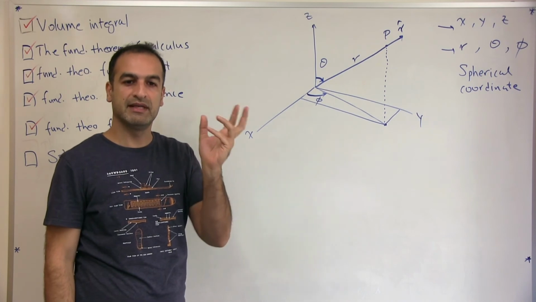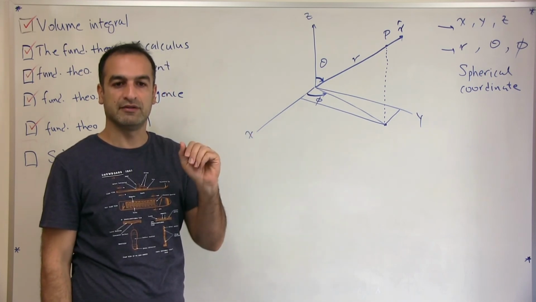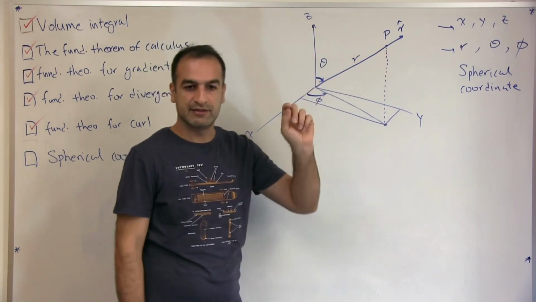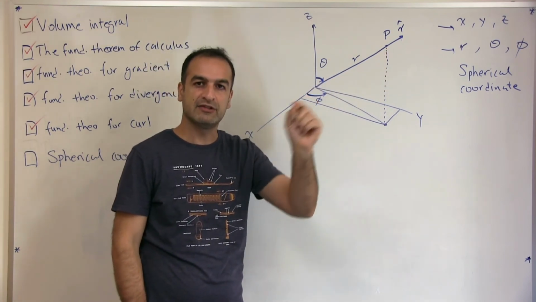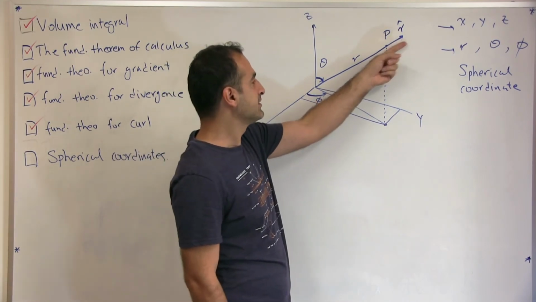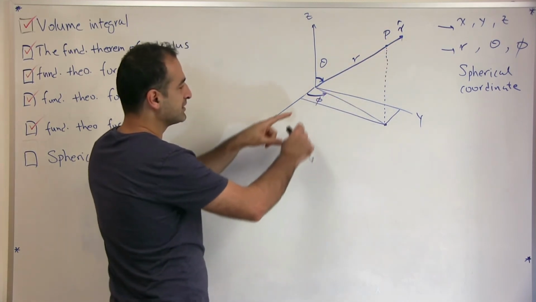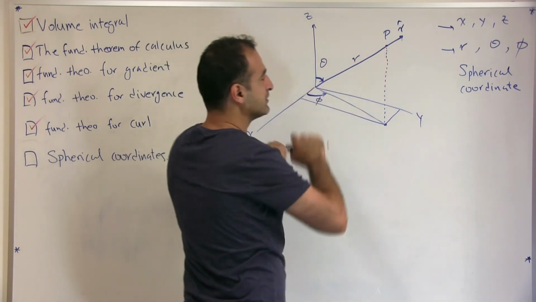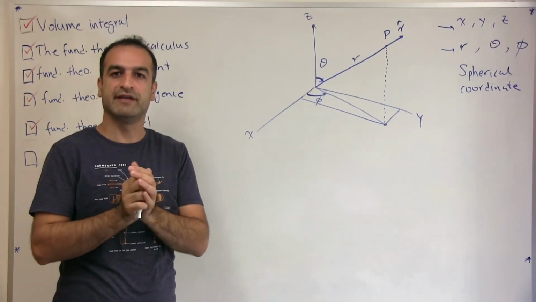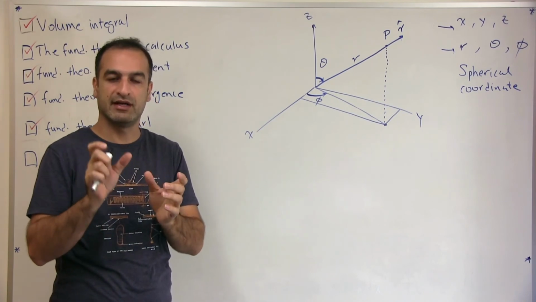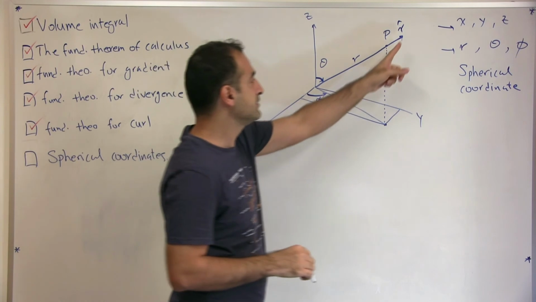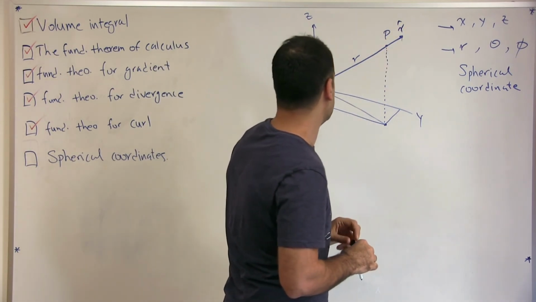That is the basic idea we want to use to define unit vectors. If you increase r, you look at the direction of the motion of P, and that should be in the direction of r hat. So r hat is a vector along the direction that connects the origin to the point P. The size of r hat is 1, very similar to the way we define the size of x hat, y hat, and z hat. So r hat is a unit vector in this direction.